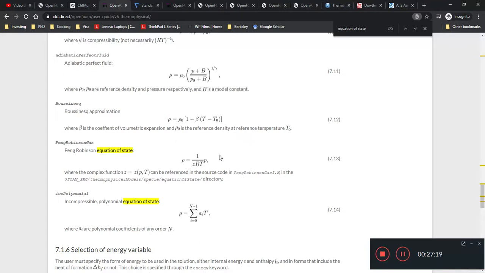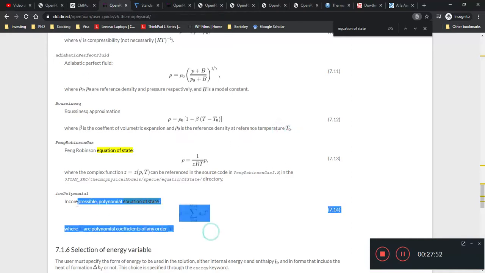Of course, if you take a look at it, you can basically fit the Boussinesq approximation into a polynomial form, because it's just a linear variation of temperature based on some expansivity. So you get the beta, which is the coefficient of volumetric expansion. Rho naught is the reference density at some temperature T naught. So this is a linear variation.